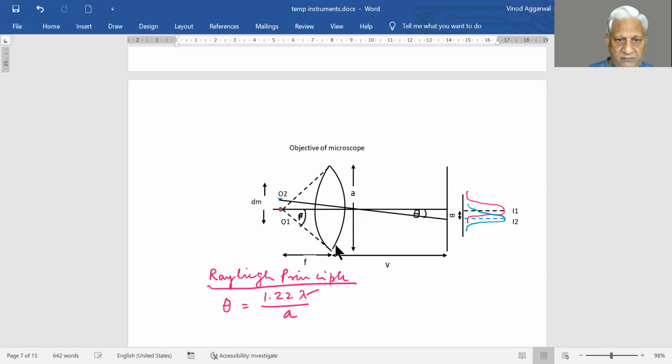where lambda is the wavelength of light used, and this is the aperture through which both these objects are going to be seen.